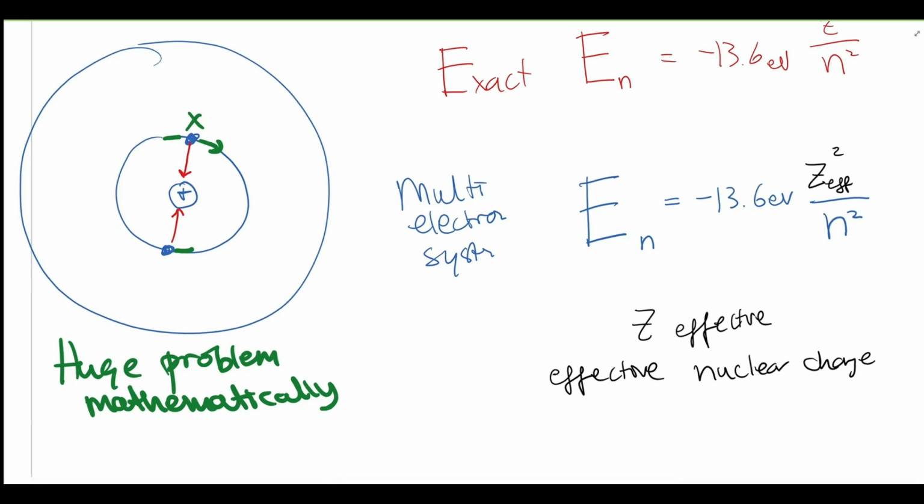But the two electrons also have repulsions against one another. So this electron here is being repulsed by the second electron up here. So there's actually a little bit of extra force pointing outward. The same happens with the electron over here. There's a little bit of extra force from the repulsion of the second electron, pushing it outward.